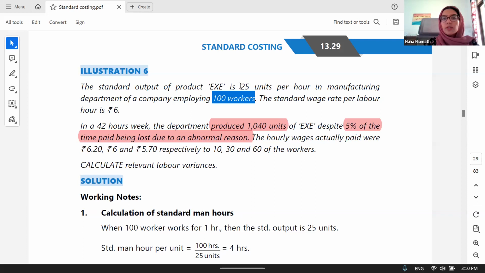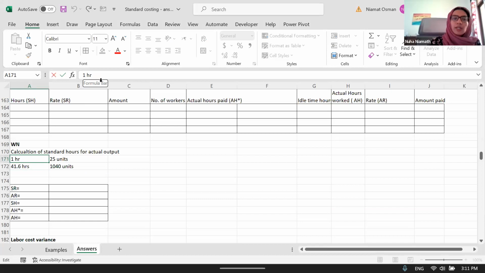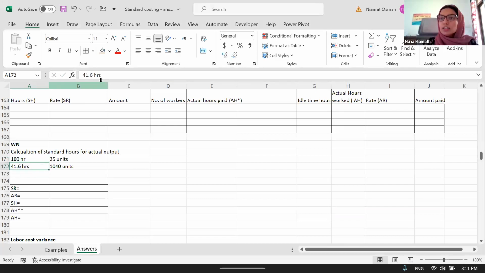What we need to be clear on is that 25 units are definitely produced in 1 hour, but in this 1 hour we have 100 workers deployed. So we don't have just 1 hour, we have 100 hours, because each employee works 1 hour, giving 1 hour from each person. So 100 hours are taken to produce 25 units.